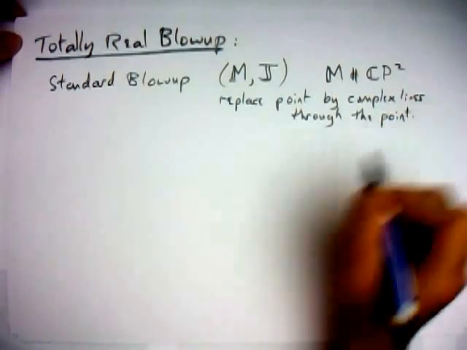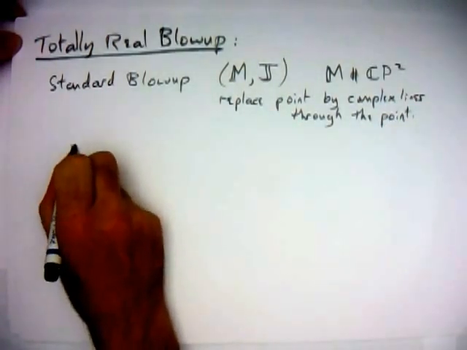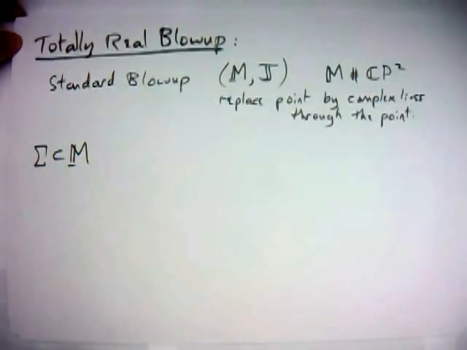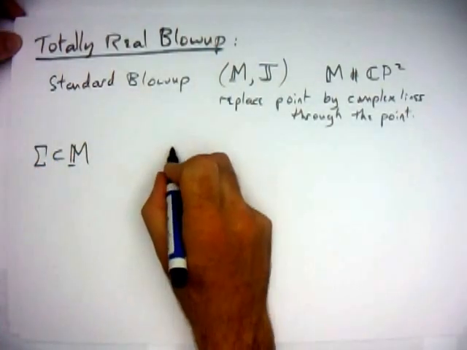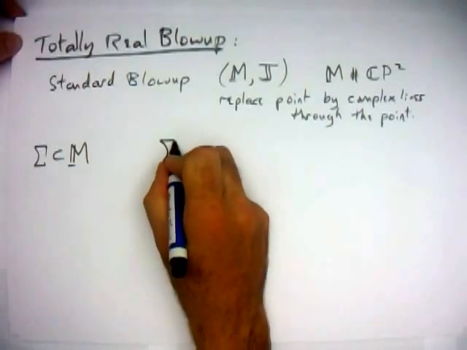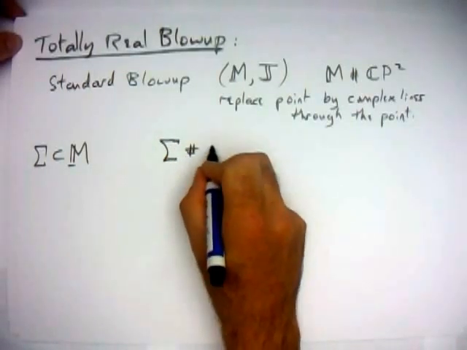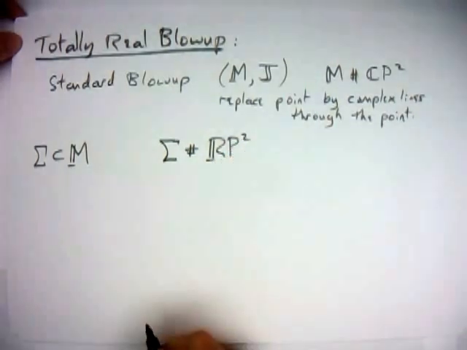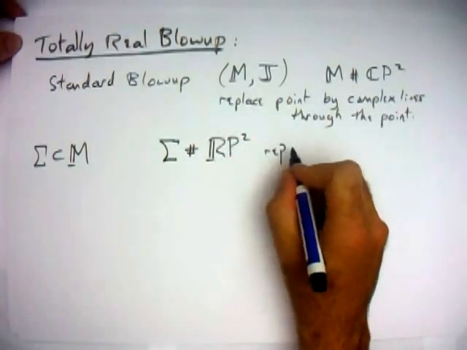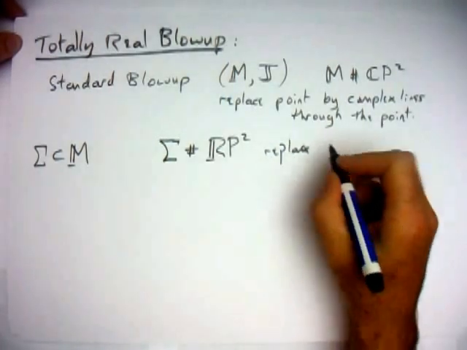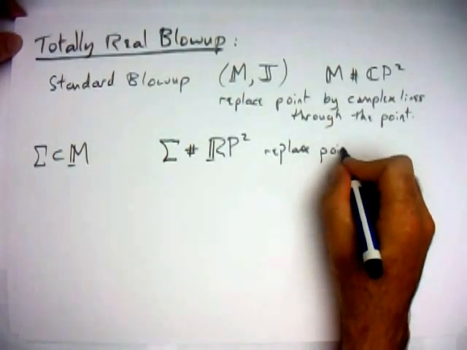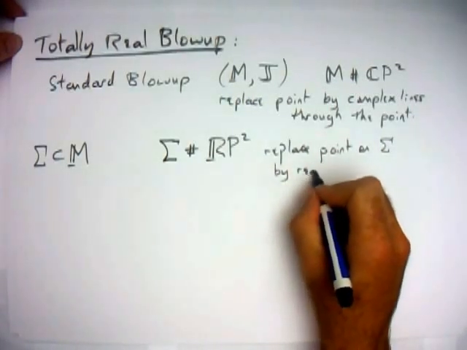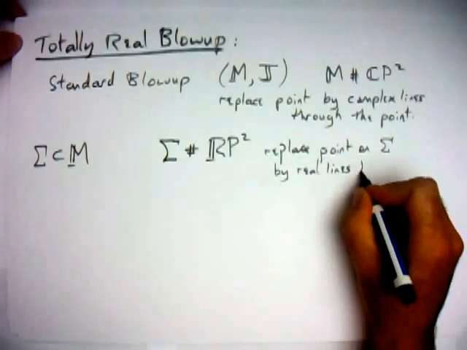Now, what we do is similar in some sense. We still have a complex surface, but in fact what we have is a real surface sitting inside this complex surface. And when we blow up a point on this surface, what we do is we connect sum with an RP2. And in analogy with what we have up there, you replace the point on the surface by the real lines through the point.